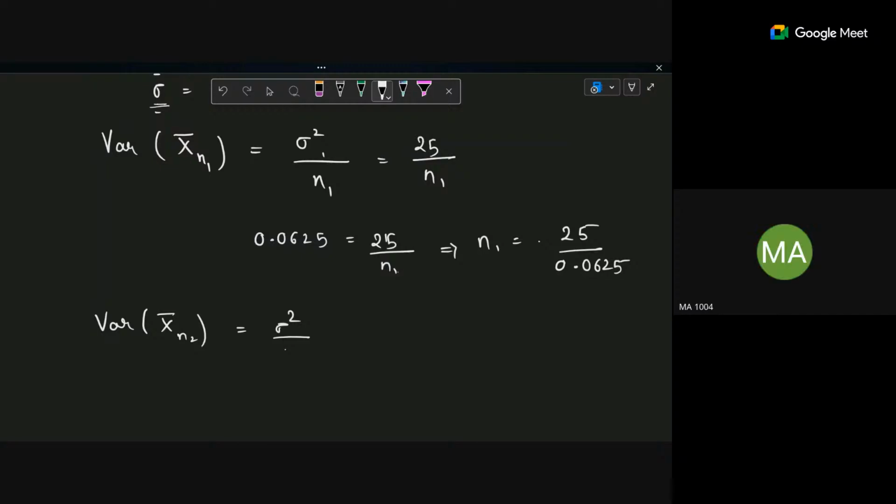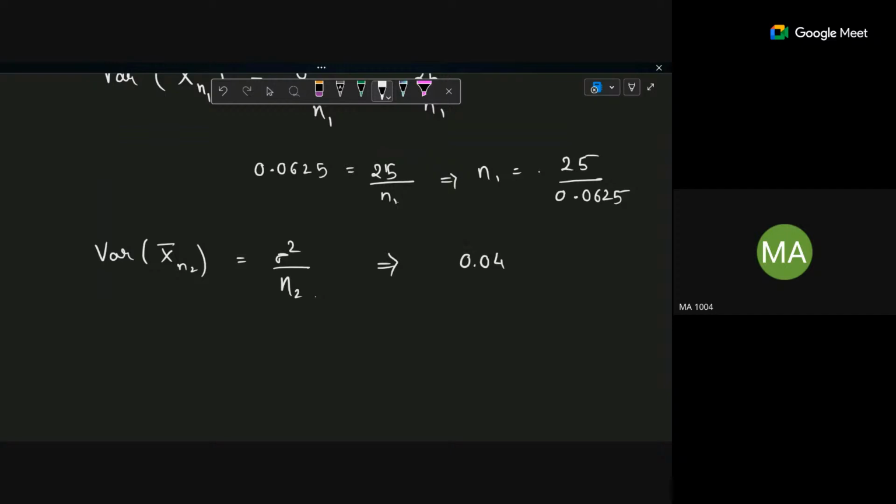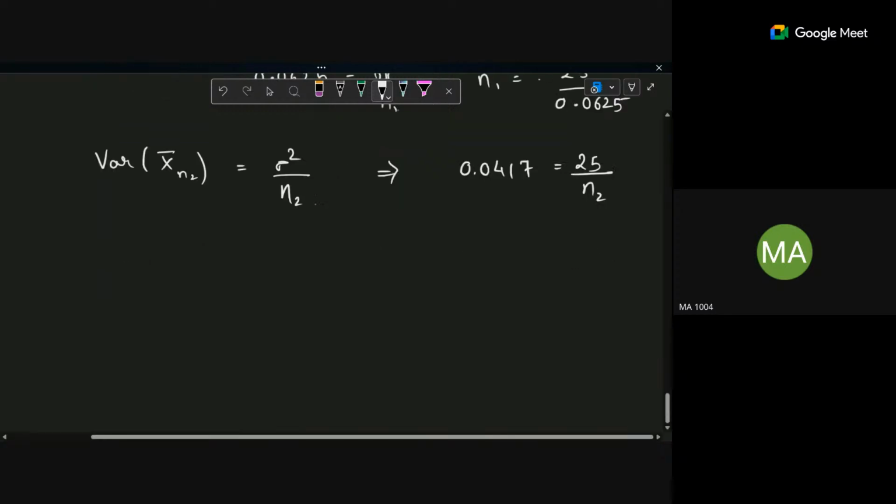The rest of the part is calculation only. Similarly, we can have n2 here. The variance of x bar is 0.0417, which is equal to 25 by n2. So we have n2 and we have n1. Just subtract it. That's our required solution.